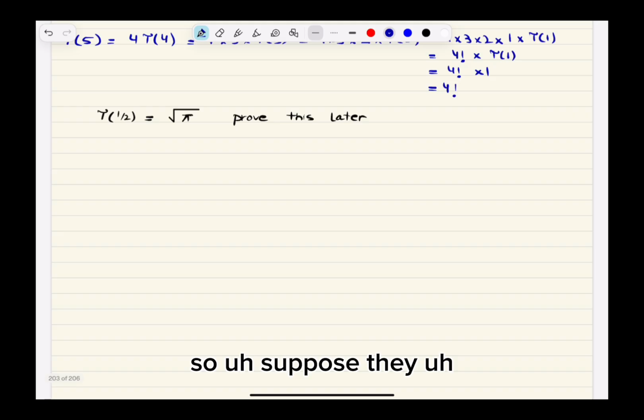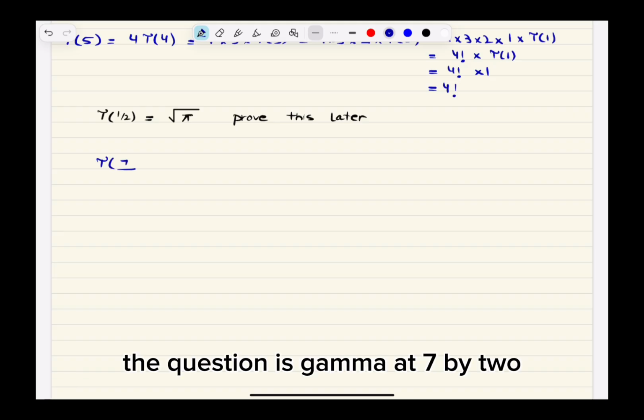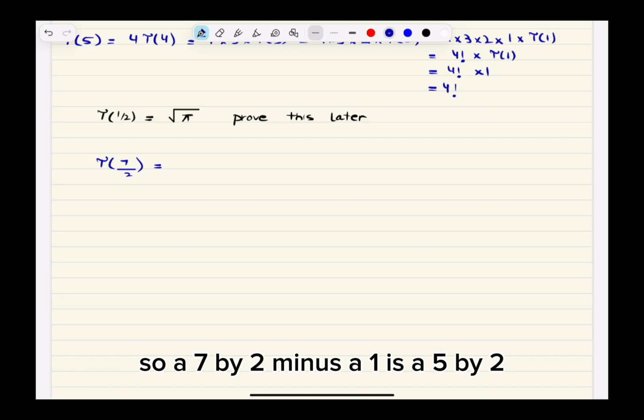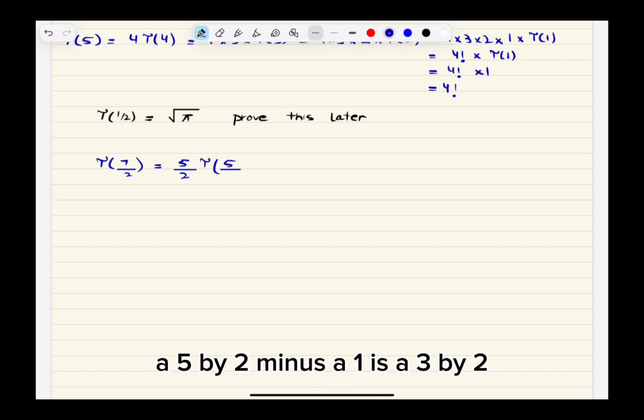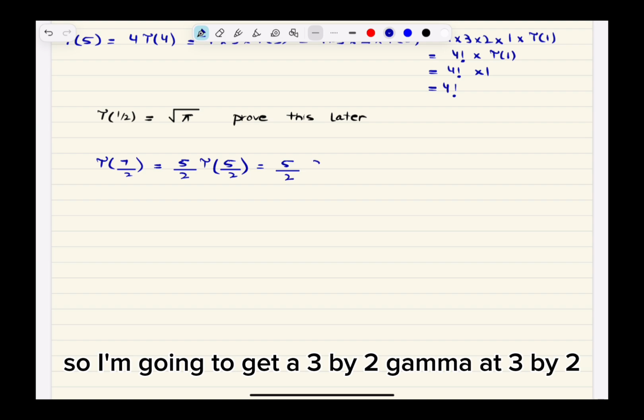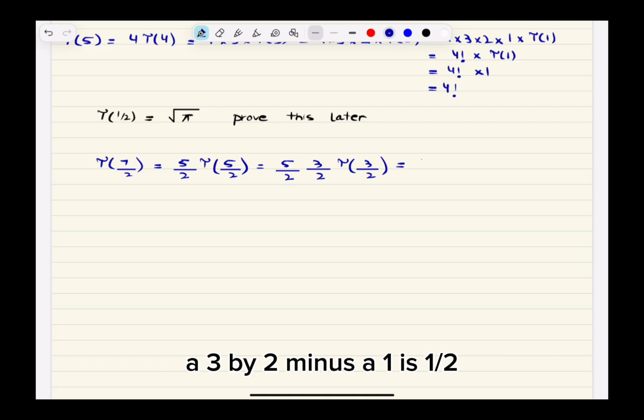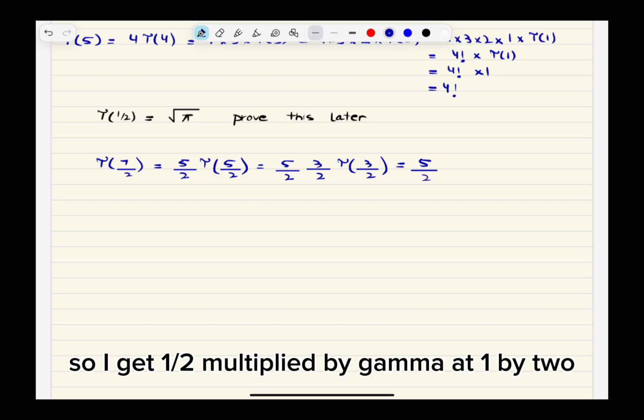Suppose the question is gamma at 7 by 2. 7 by 2 minus 1 is 5 by 2, so this is 5 by 2 times gamma at 5 by 2. 5 by 2 minus 1 is 3 by 2, so I get 3 by 2 times gamma at 3 by 2. 3 by 2 minus 1 is a half, so I get a half multiplied by gamma at 1 by 2.